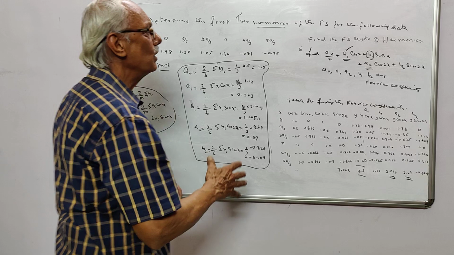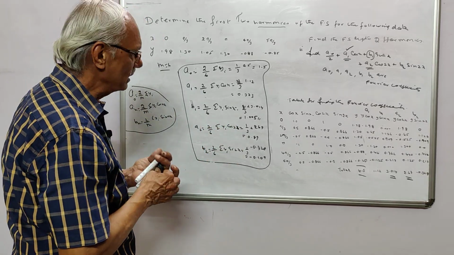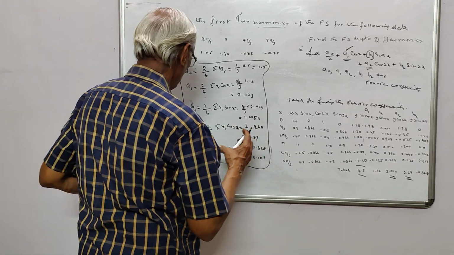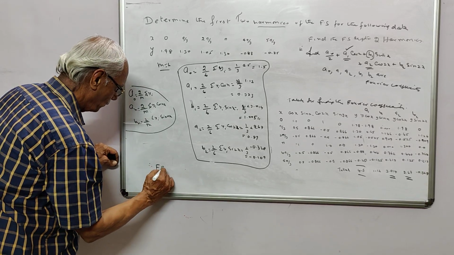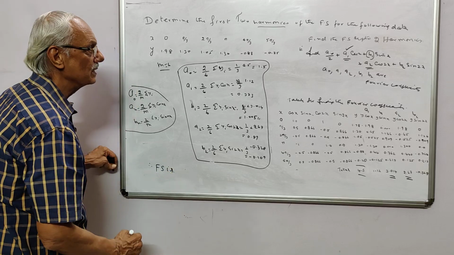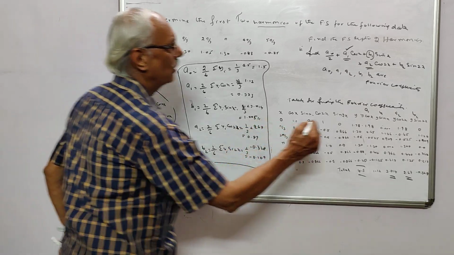Are you able to understand? Now you substitute, you will get the answer. So what is your Fourier series now? Therefore, I'll write here, the Fourier series is A naught by 2, call this as your 1.